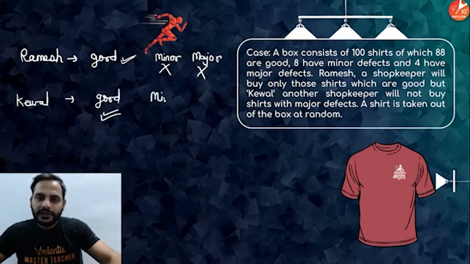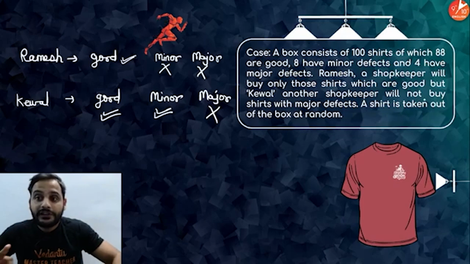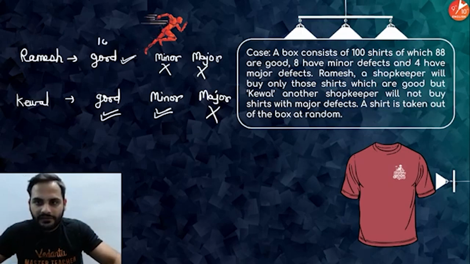He is even okay with minor defect shirts also, but major defect shirts he will not take. That's what it is saying. Keval will not buy shirts with major defects, that means he'll buy shirts with minor defects and good shirts. So there are 100 shirts, out of which 88 are good, 8 have minor defects, and 4 have major defects.